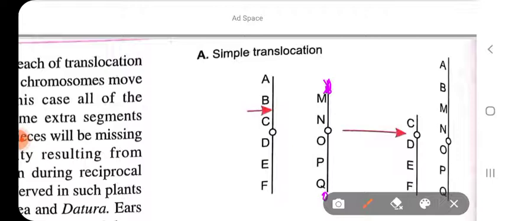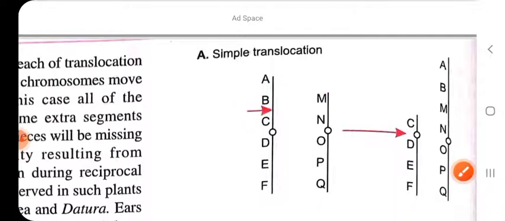So it is a very rare condition where a small segment of a chromosome attaches to the end of a non-homologous chromosome. This type of translocation can be achieved by just a single break in one chromosome only, so it is very rare. Simple translocation is not found mainly. So this is simple translocation.